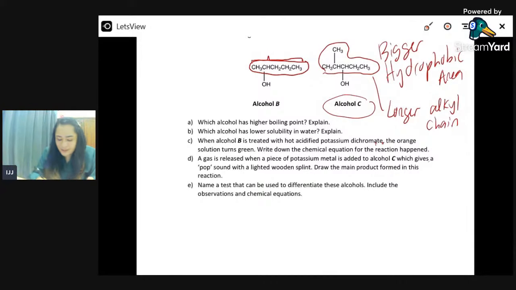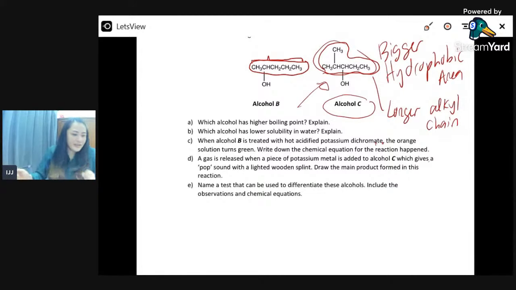So you can see alcohol C has more carbon. So it has a bigger hydrophobic area, the hydrocarbon group that cannot form hydrogen bonds with water. The part that cannot form hydrogen bonds with water is bigger. So it is more insoluble in water.